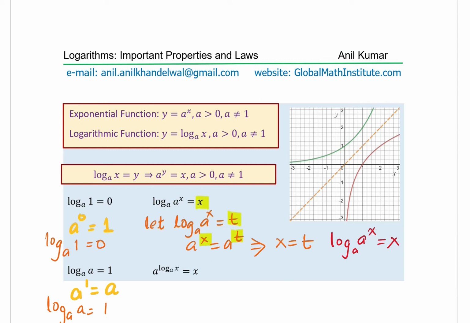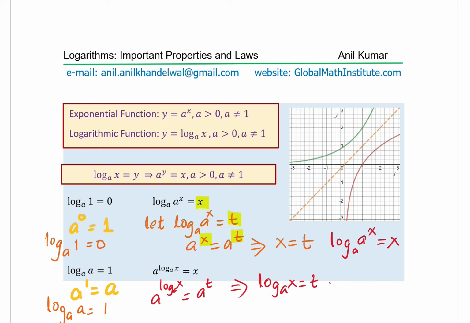Perfect. Now let's take what is a to the power of log to the base a of x. Now the last one here, we can say that let it be equal to, let me write down here, log to the base a of x as, in the exponential form, a to the power of t. In that case, we know that t will be log to the base a of x.